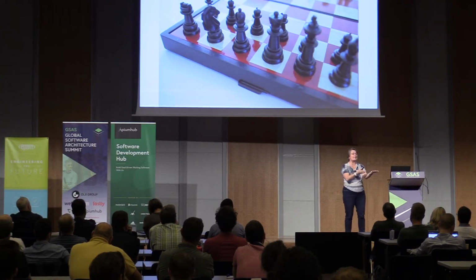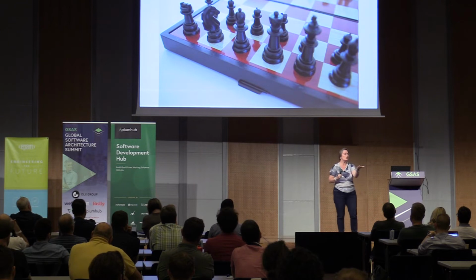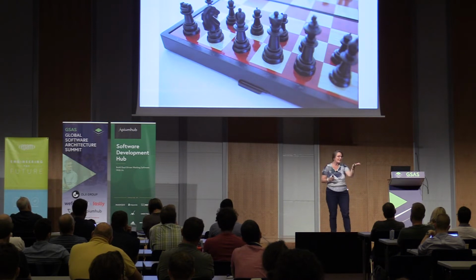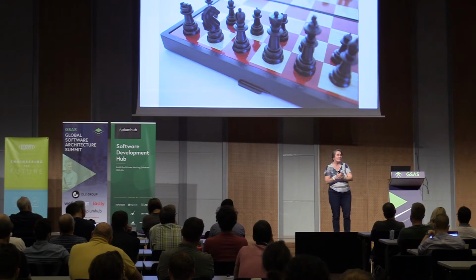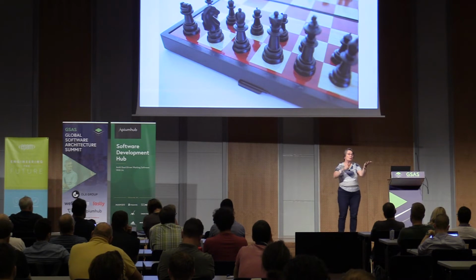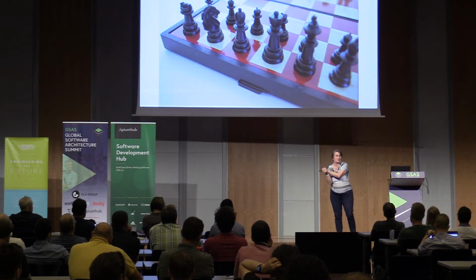And they said, well, look at it and memorize as much as you can, and after 10 seconds, we will take the chess pieces off, and you just put back all the pieces you remember. And they did this with an expert and with people who don't know anything about chess. And the result was the chess experts were able to put back the double amount of pieces than the people who didn't know anything about chess.